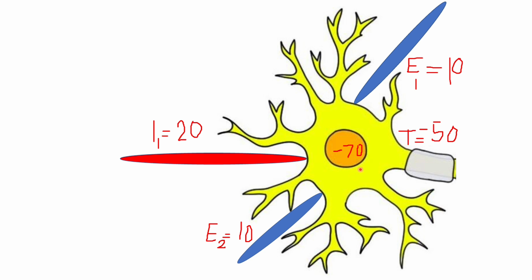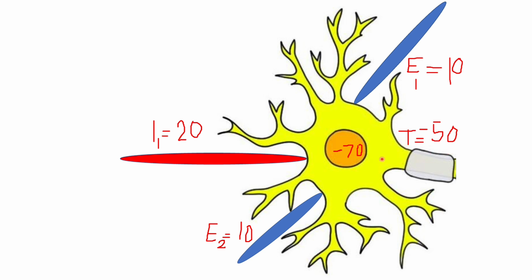In this example, this neuron has a resting membrane potential of minus 70 millivolts. It has an excitatory signal E1, 10 millivolts, another excitatory signal E2, 10 millivolts, and an inhibitory signal I1, which is 20 millivolts. The threshold is minus 50 millivolts.